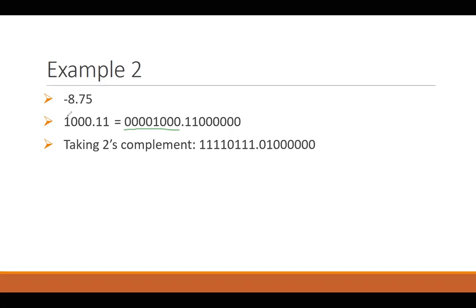The whole thing, this minus sign, is applied to this value altogether, so we take the complement all the way. And after taking the 2's complement, we have written the value in the fixed point representation. From yesterday's lecture, you know that this representation is fixed point because the place of the binary point is fixed.